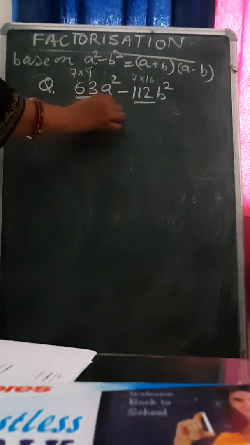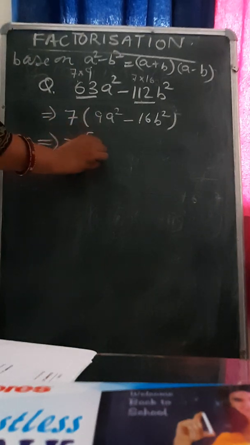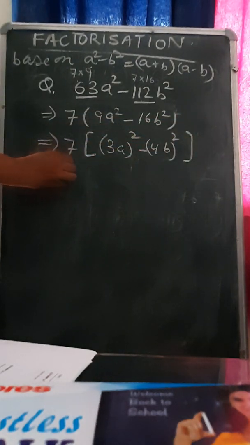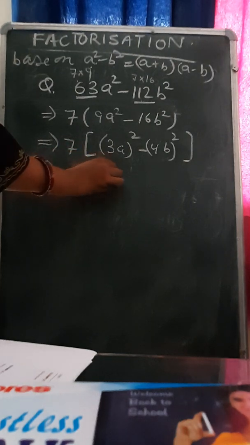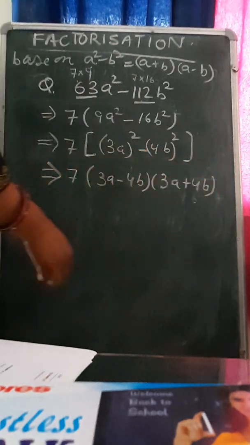So this is 9a square minus 16b square. Now this can be written as 7 times 3a complete square minus 4b complete square. So this is equal to 7 times 3a minus 4b and 3a plus 4b.